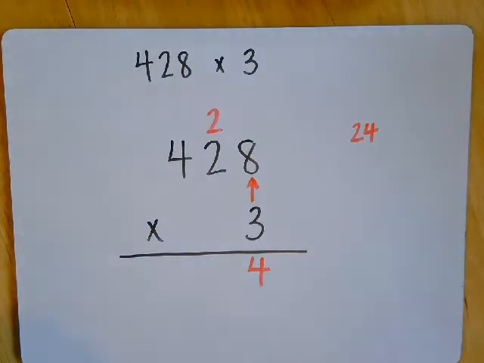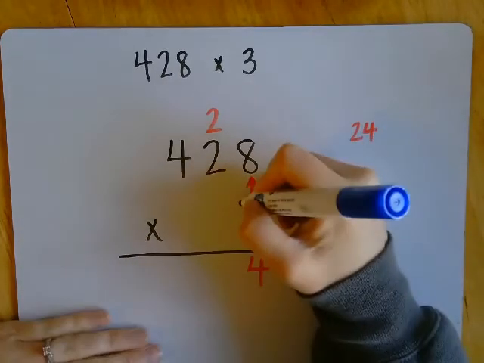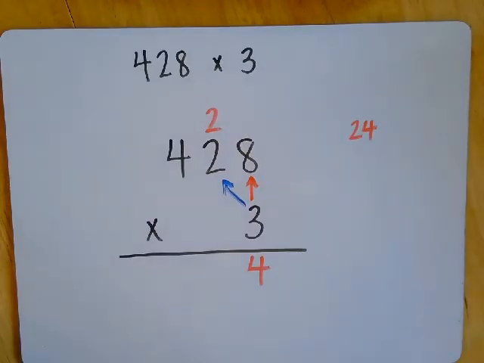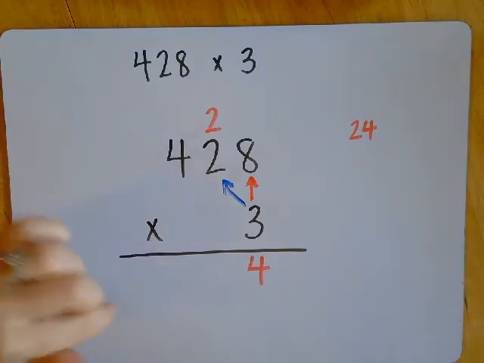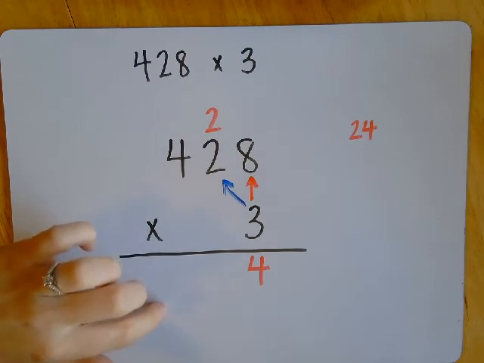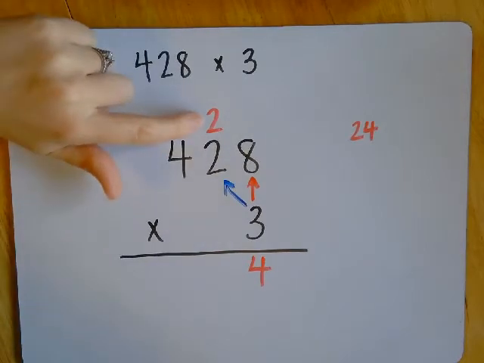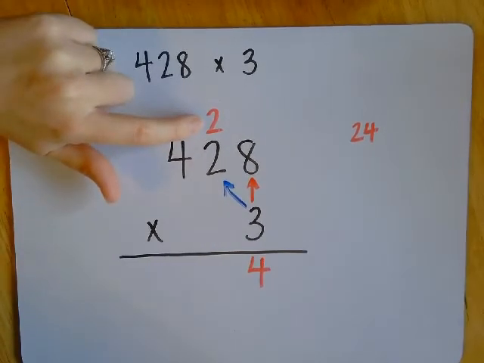Next, I need to multiply 3 times 20. Again, you could think of that as 3 times 2, because in the standard algorithm, that just makes it easier to deal with. I know that 3 times 2 is 6, but I cannot forget the 20 that I added over here.